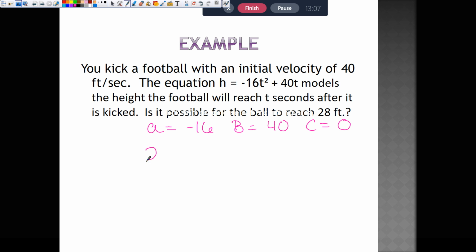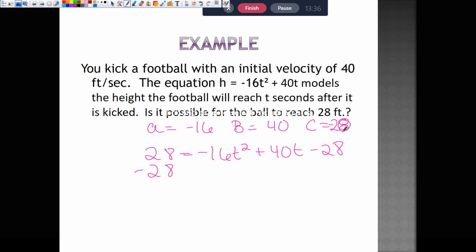So 28 equals negative 16t squared plus 40t. If I have the 28 here and I want to get it into my form, what would my c become? Just subtract 28 from both sides. So my c becomes negative 28.